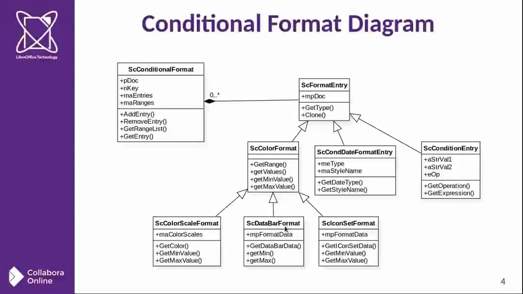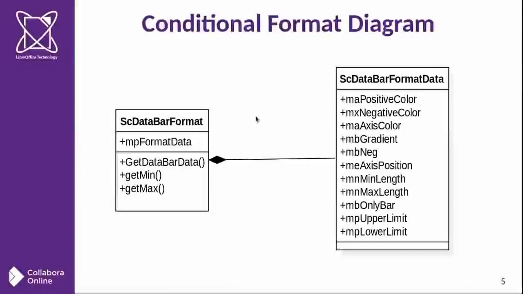And the data bar format, you can see has some specific properties, and if we create an instance of this data structure in memory and insert it to this list, the LibreOffice core will process the conditional format. Okay, let's concentrate on the DataBarFormat class.